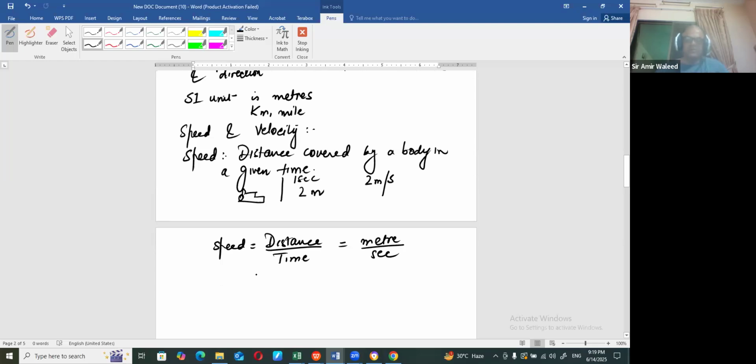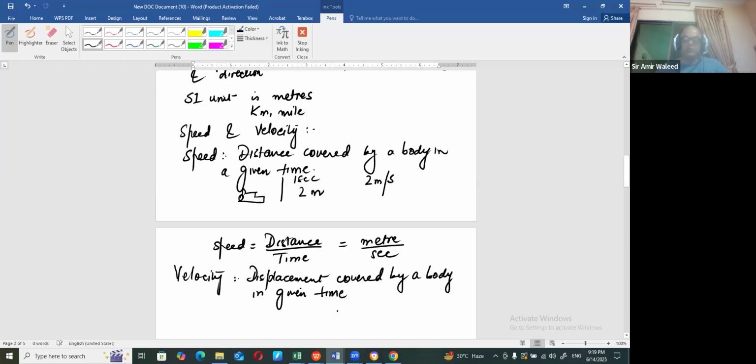Now the next thing is velocity. Velocity and speed, as far as basic definition is concerned, both are same. But the only major difference is it's a displacement covered by a body in given time.